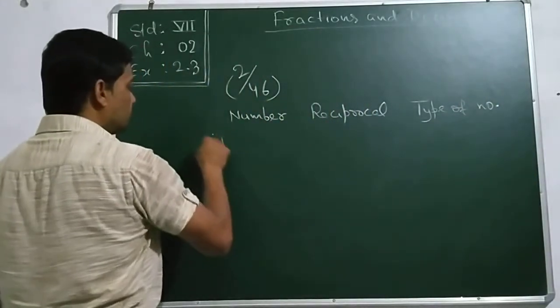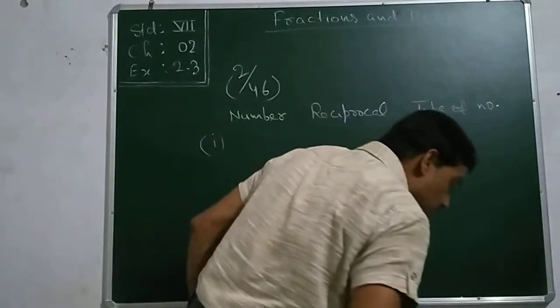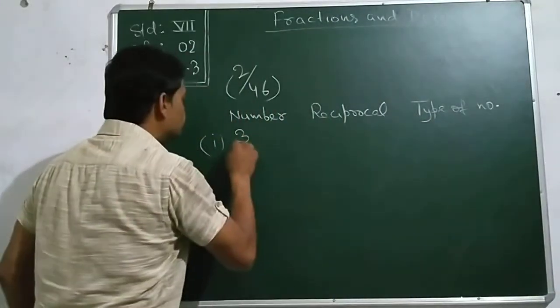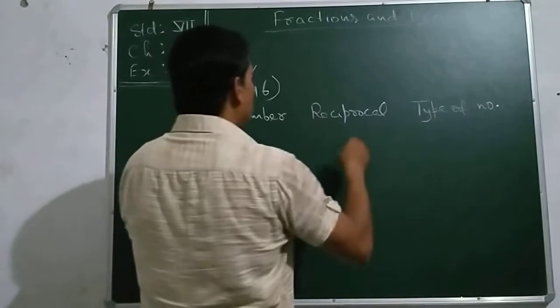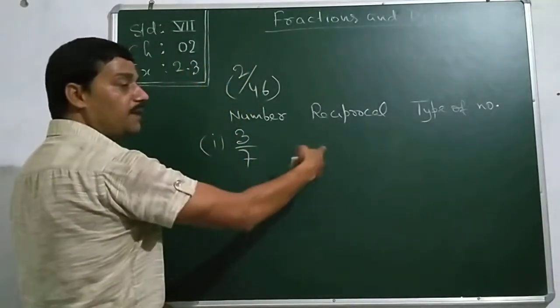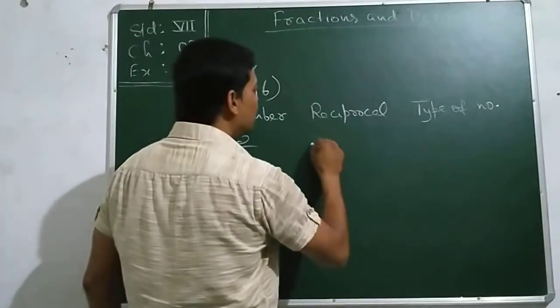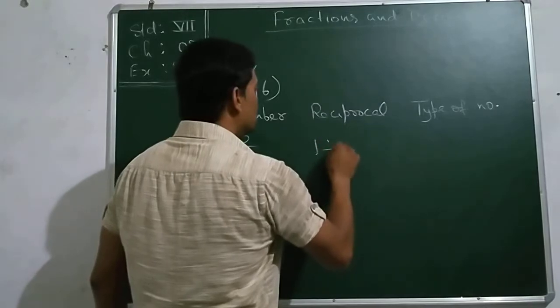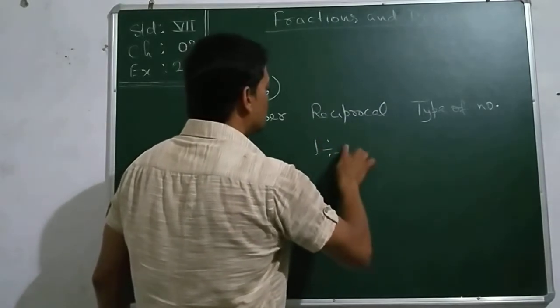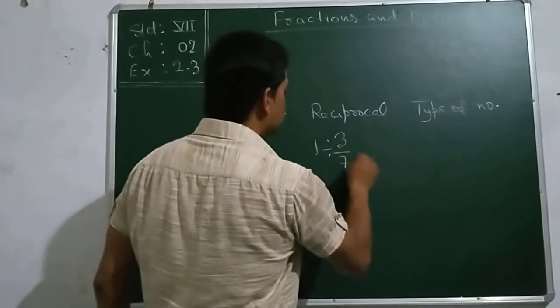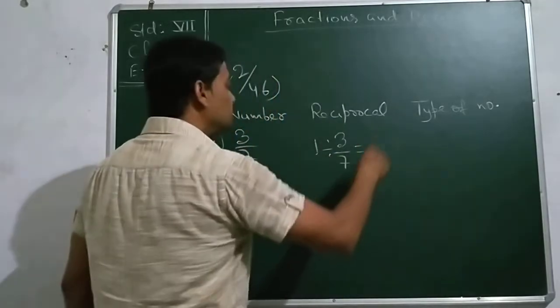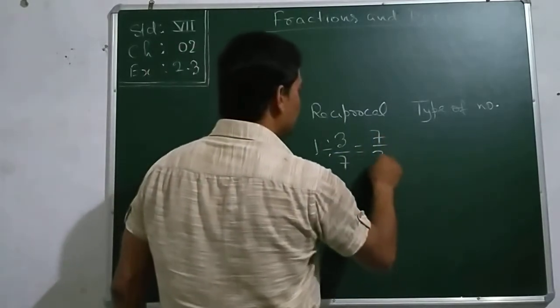The first was 3 by 7. The reciprocal will be 1 divided by 3 by 7, which is equal to 7 by 3 finally.